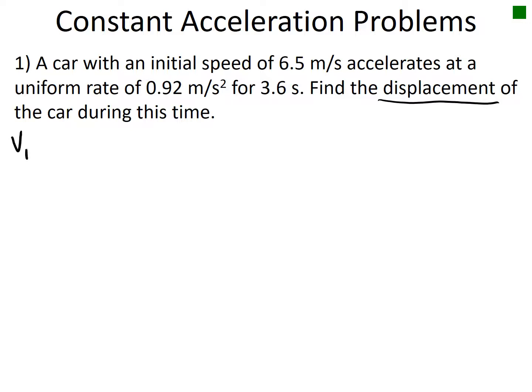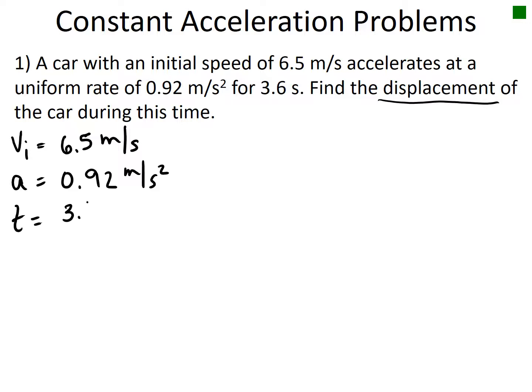VI is 6.5 meters per second, A is 0.92 meters per second squared, and the time is 3.6 seconds. We are asked to find the displacement, so the final position is what we're looking for.